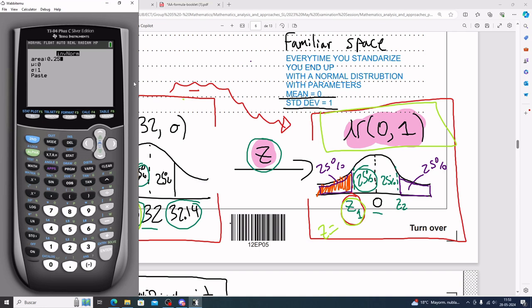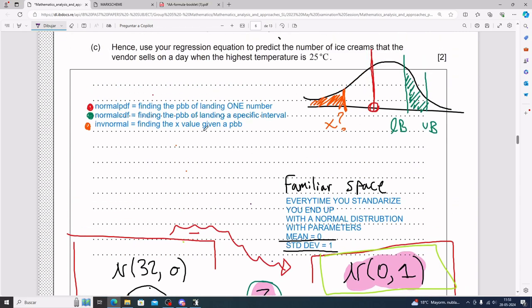So if you use inverse normal of 0.25, a mean of 0, and a standard deviation of 1, you're trying to find the area of what I put in orange. I mean, sorry, I said the wrong thing. Let me go again. If you use inverse normal and you put area of 0.25, you're saying, okay, read it from left to right and give me the X value that is right here, see?